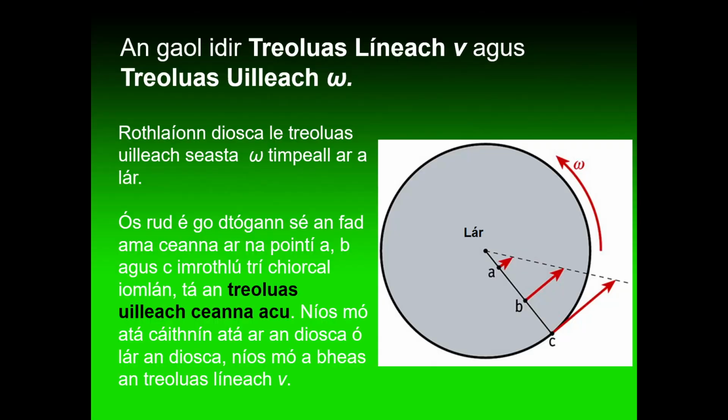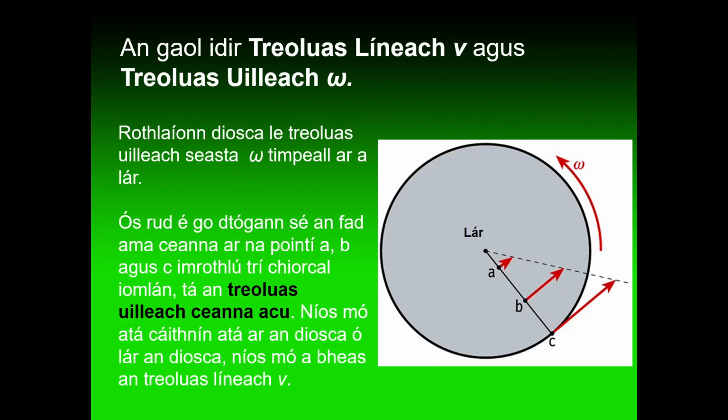Now, the relationship between linear speed and angular velocity. Linear speed is v. Linear speed is distance over time.